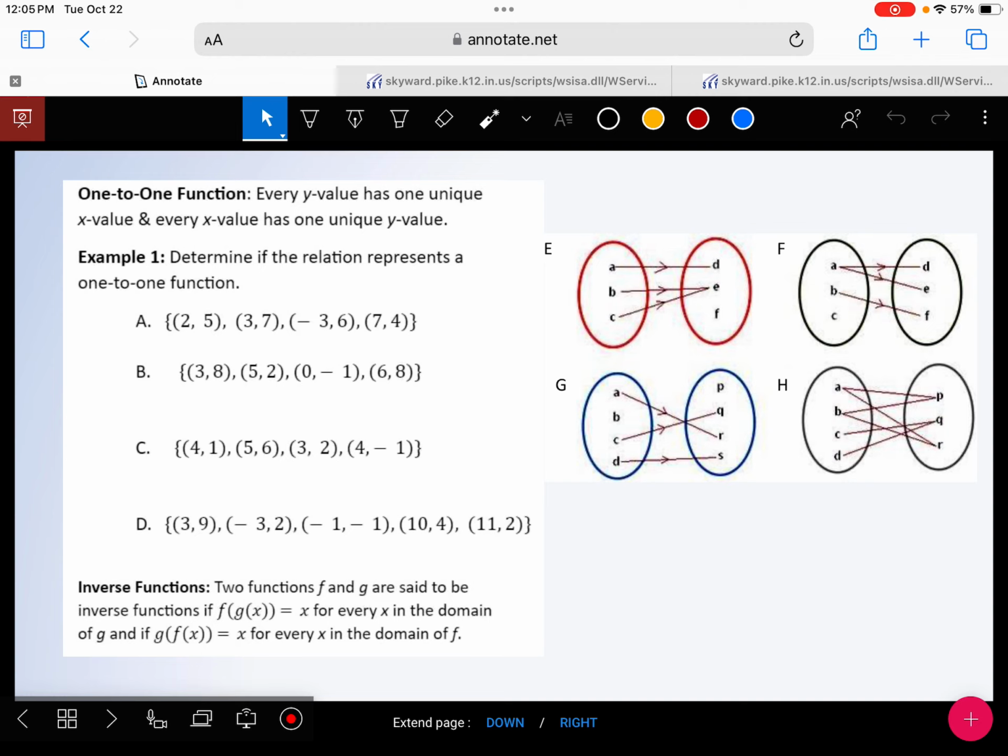So we talked about, is it a function? Remember, for is it a function, you could not have any repeats in x. But for it to be one-to-one, according to our definition, no repeats at all. So x cannot repeat and y cannot repeat.